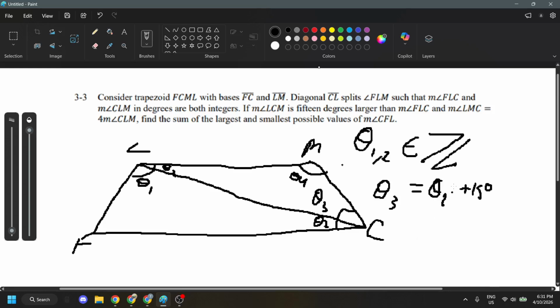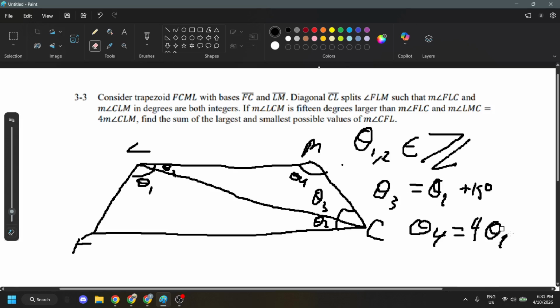So, oh, I already see something. So LMC, so theta 4 is equal to 4 theta 1, CLM, no, CLM, so theta 2. Okay, so these are our constraints.